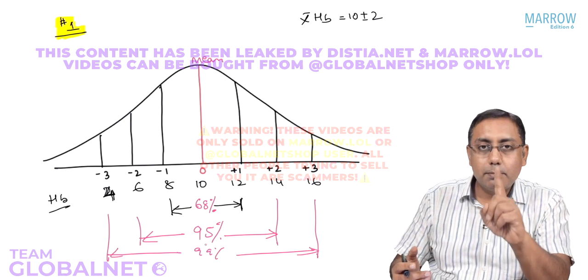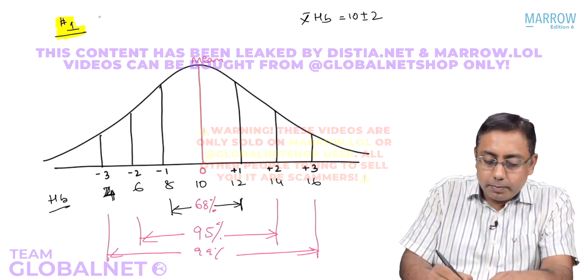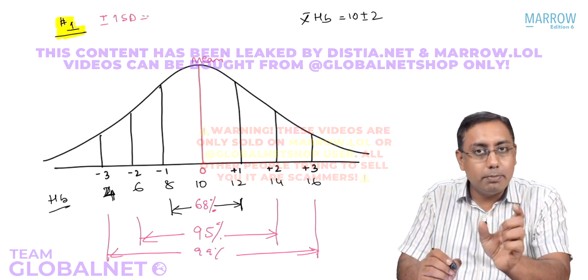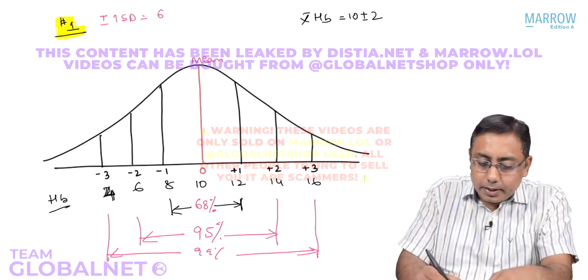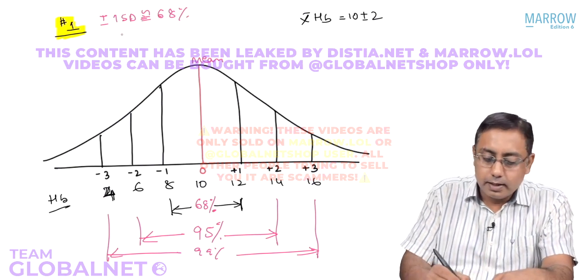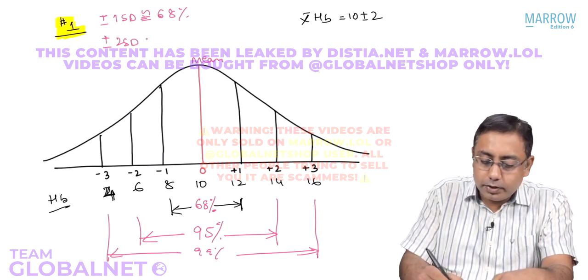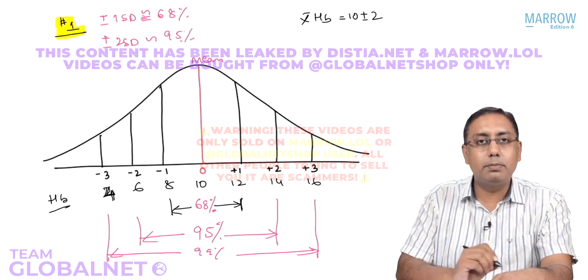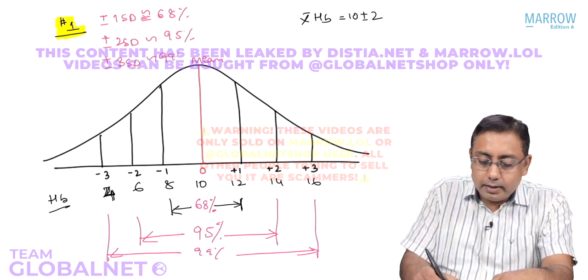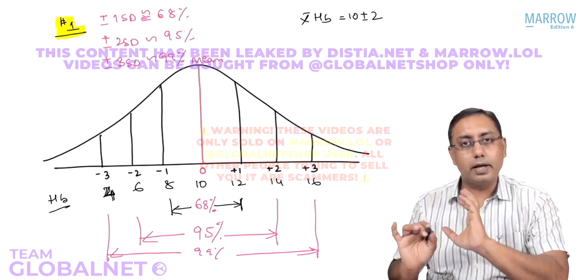So the assumption number 1 for you to remember is that between plus minus 1 SD, approximately 68% of the population lies. Between plus minus 2 standard deviations, 95% lies, and between plus minus 3 standard deviations, 99% of the population is going to lie.